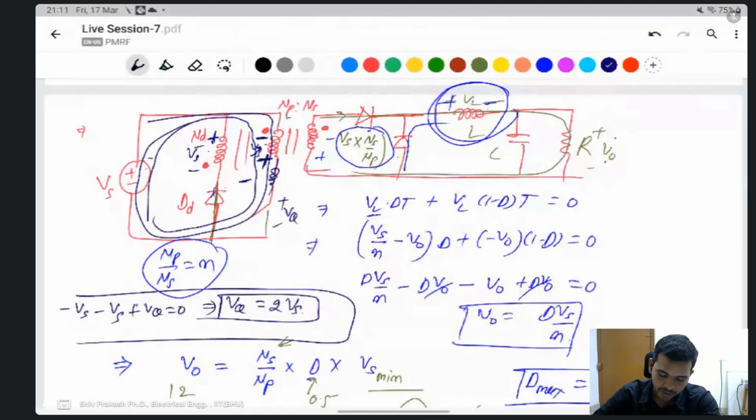But the leakage inductance you show here means the equivalent leakage inductance of the whole transformer, not just the primary winding or the secondary winding, all transferred to the primary. Is that okay? Okay, I am stopping here.